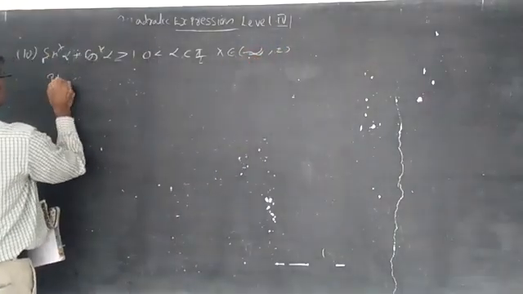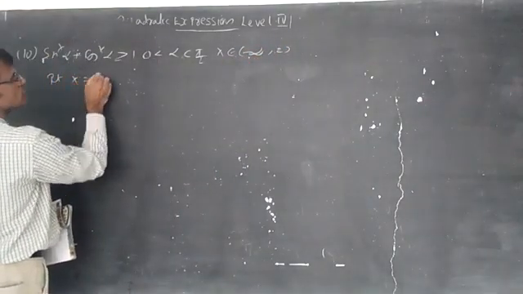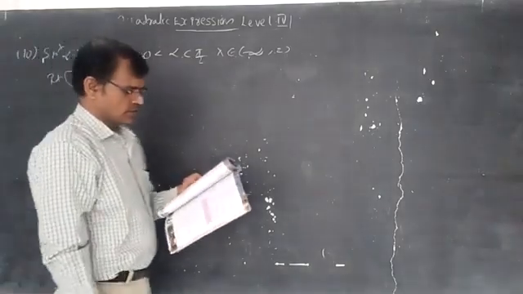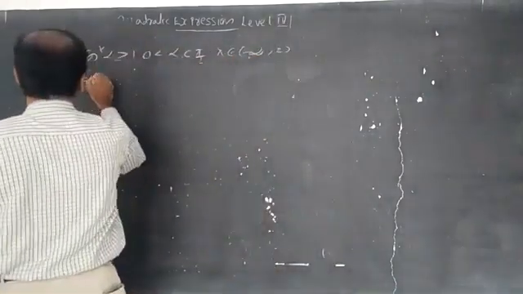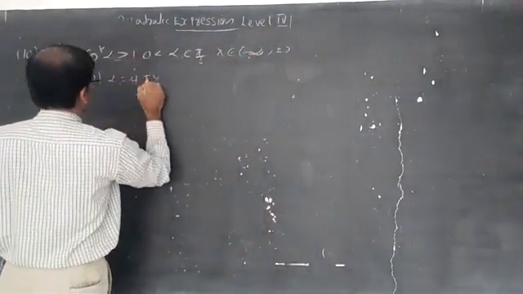I am discussing between x equal to 2 and minus infinity comma 2. So you take x equal to 1 and alpha equal to 45.